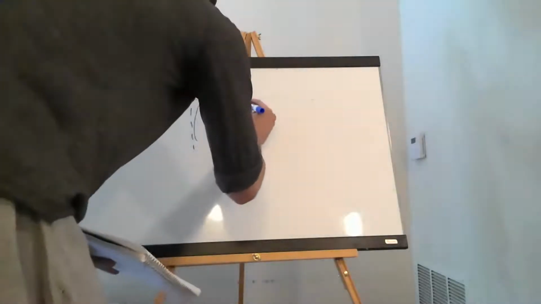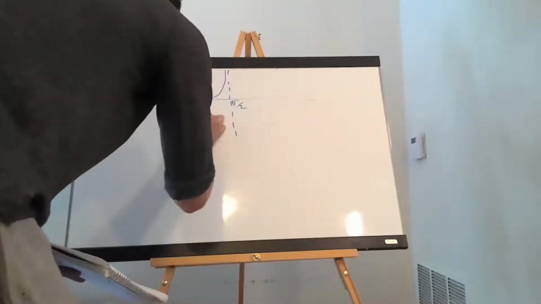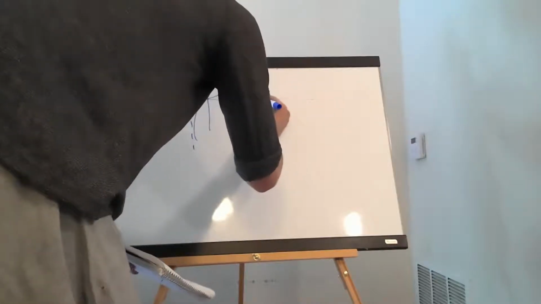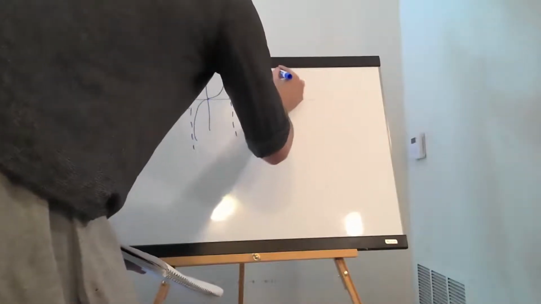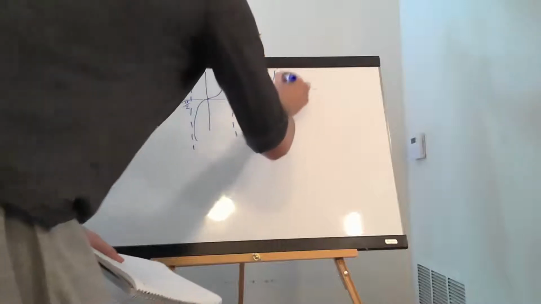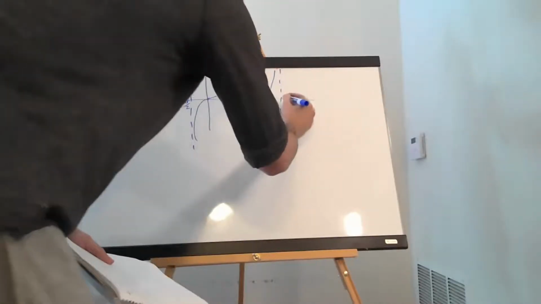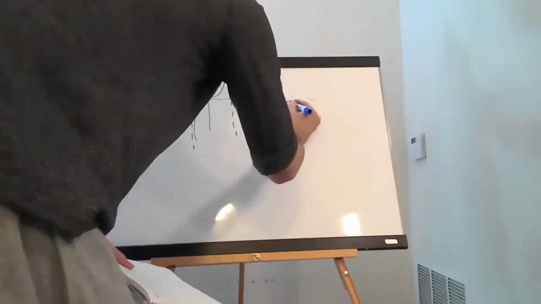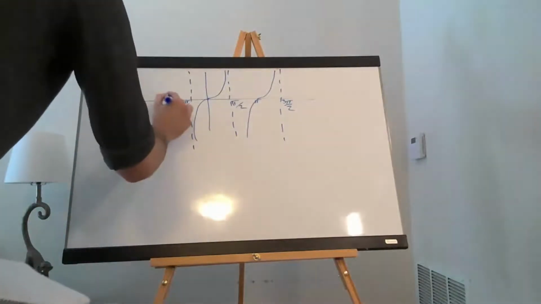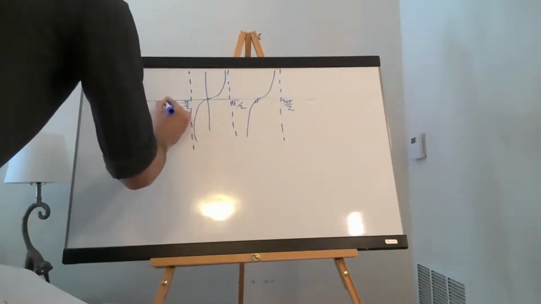Oh, just kidding. Pi over 2. Then we're going to have another one at pi. I just said the right thing, drew the wrong thing. And this is going to be 3 pi over 2, and then plus negative pi.